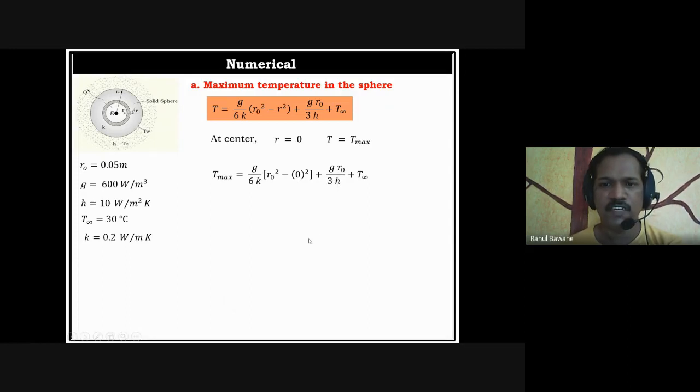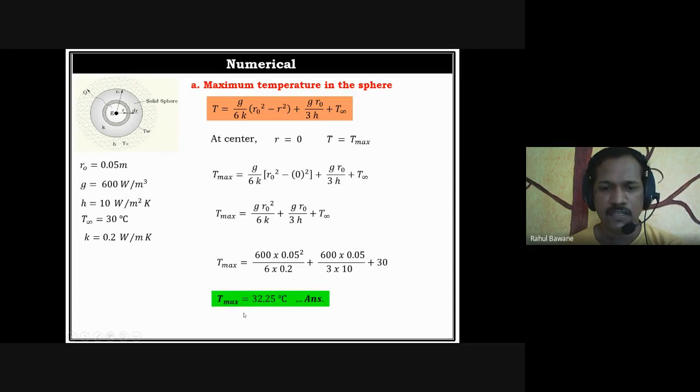So finally we get this form for maximum temperature, and we have the values for all these terms. It is given, so put all the values, and after calculating we conclude that T max for this particular sphere is 32.25 degrees centigrade. This is our first answer.